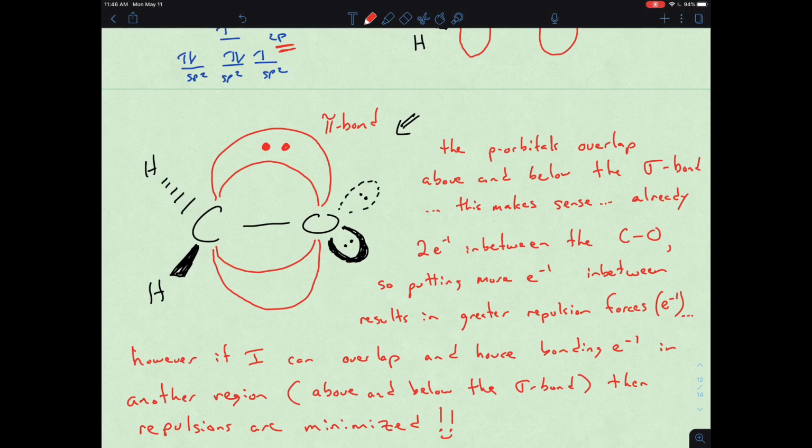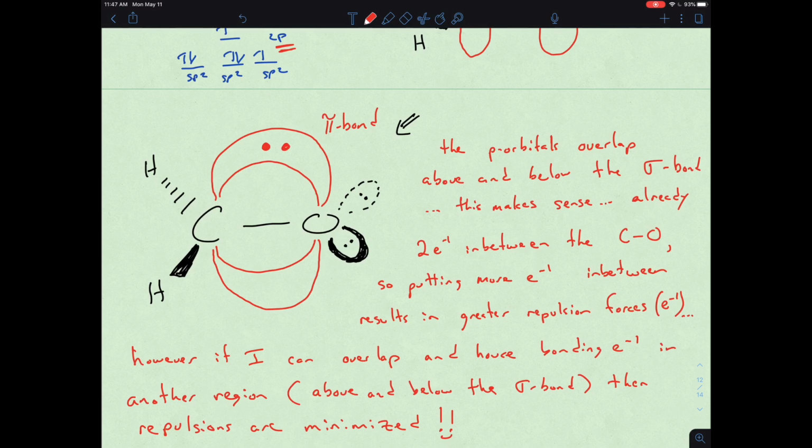So that's why we have this notion of pi bonds: the sigma bond housing 2 electrons is already in between the 2 elements, and we can't put more electrons in between because electrons are negatively charged and they naturally repel one another. And so that just results in forces that just don't match.